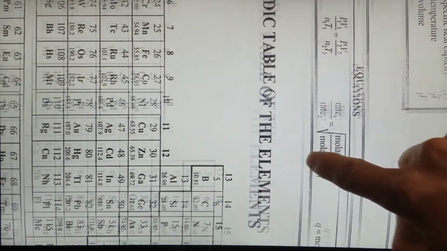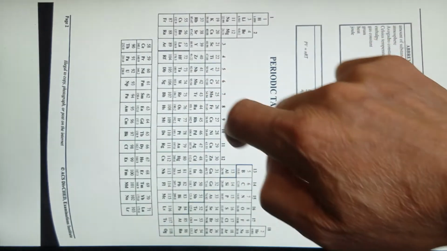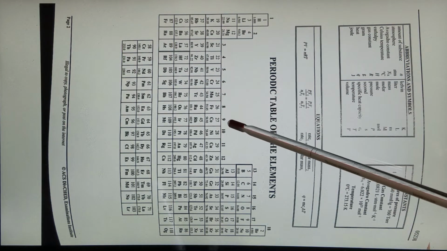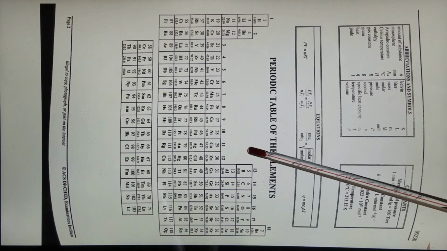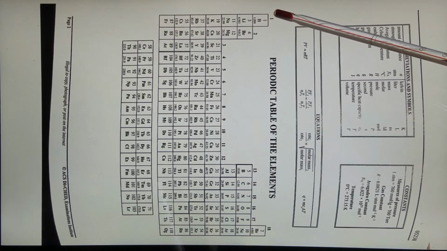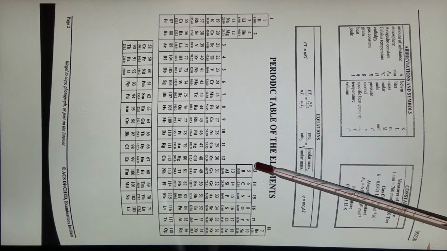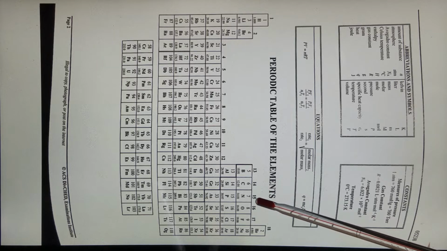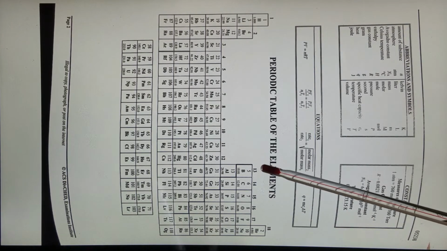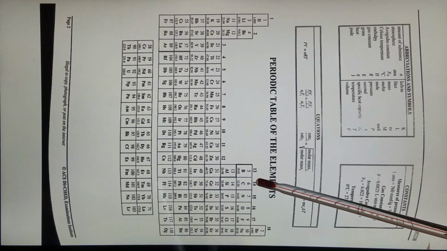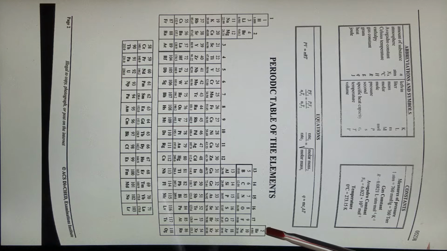Then, of course, you also will have the periodic table, okay? Make sure this copy of the periodic table didn't label 1A, 2A, 3A, 4A, but you need to understand that's group 1A, 2A, group 3A, 4A, 5A, 6A, 7A, and 8A.